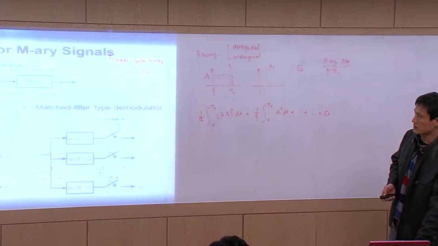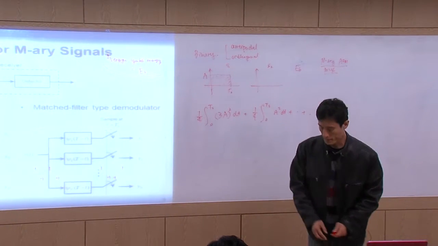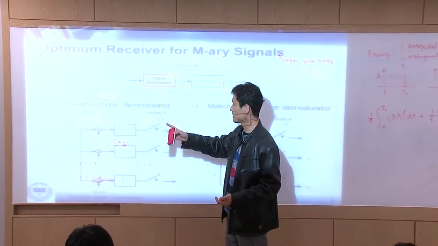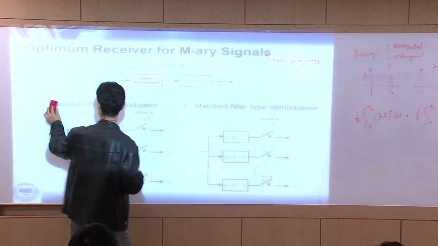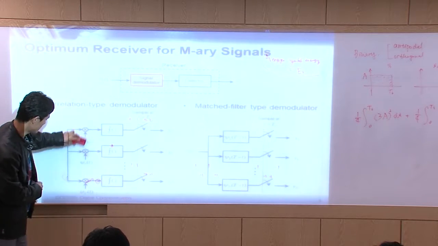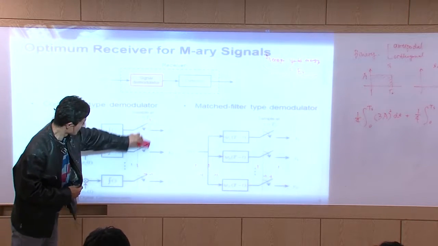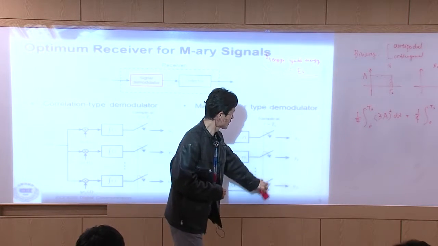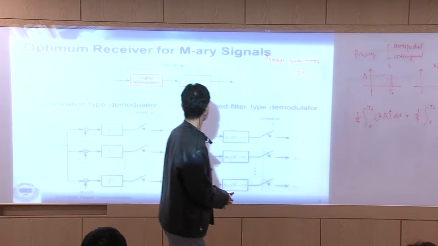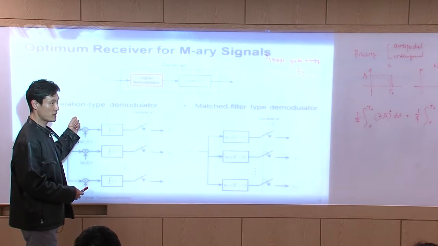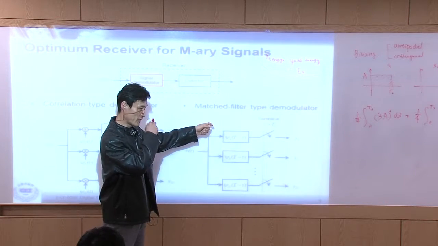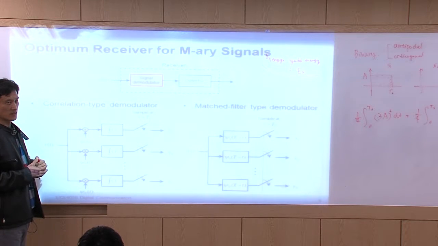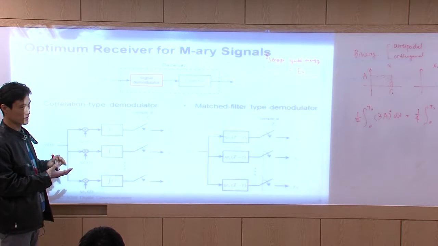Okay, so let's move on. We already learned the correlation type demodulator and matched filter, right? When we learned this correlation-based demodulator and matched filter, earlier we used binary signaling, orthogonal or antipodal, right?